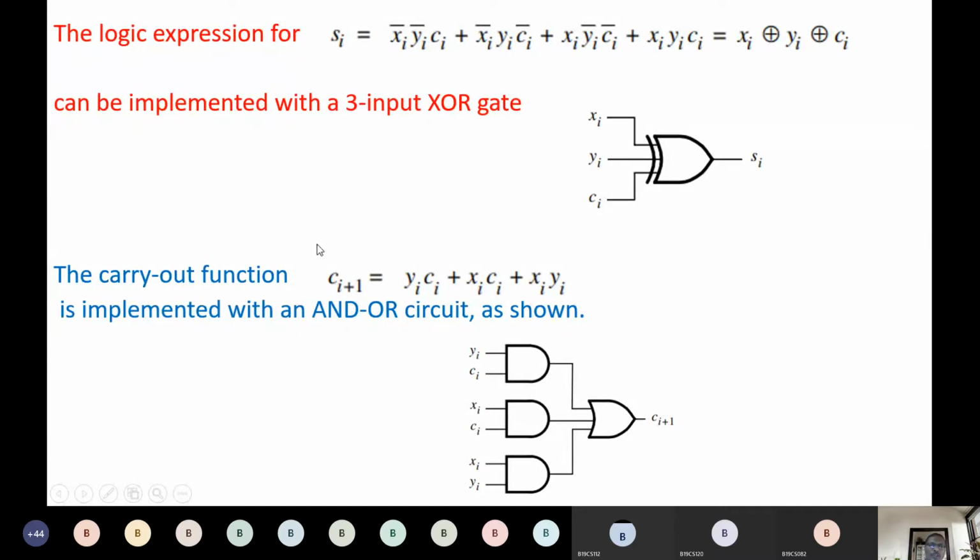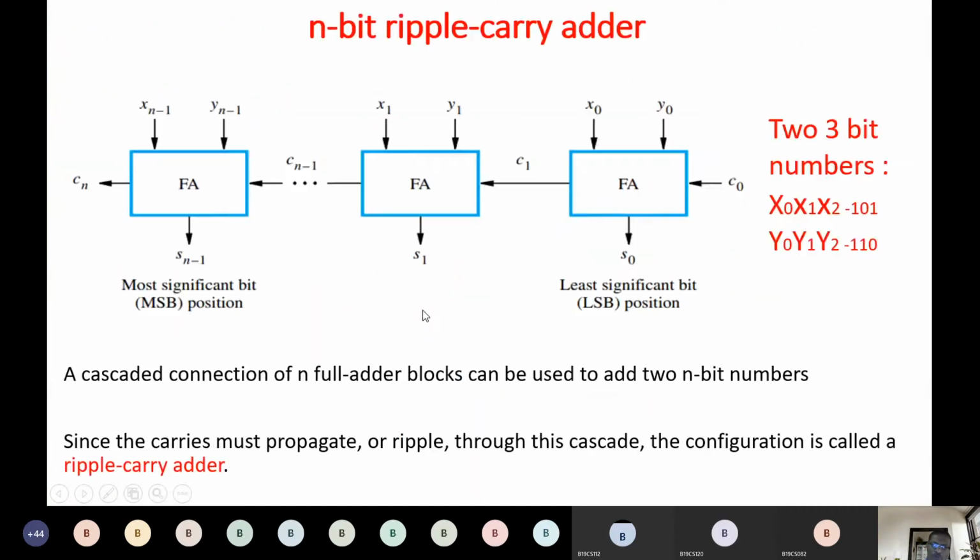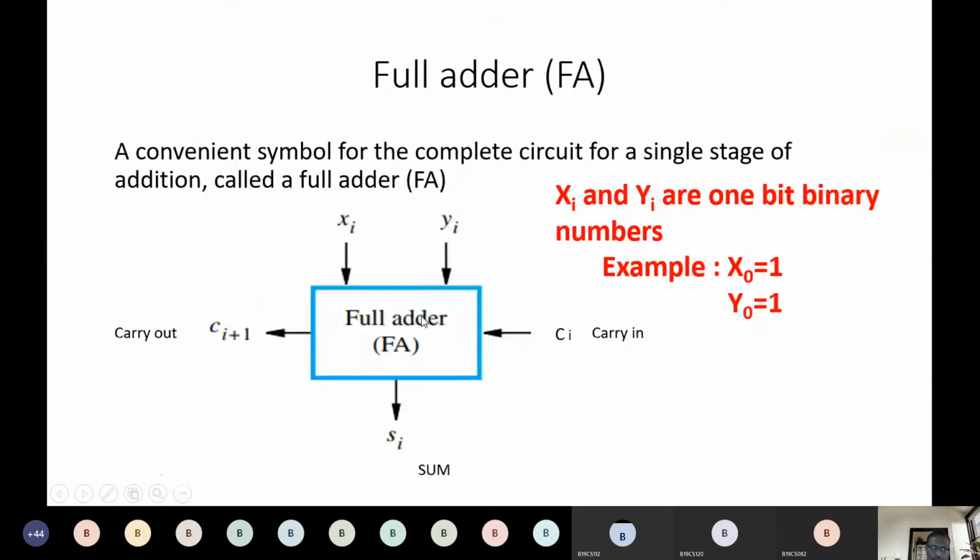So to generate these two, the full adder needs to contain this XOR gate, and also this AND OR circuit. Okay, so assume this full adder consists of both the XOR gate and also the AND OR circuit, so that this full adder takes input X value and Y value.